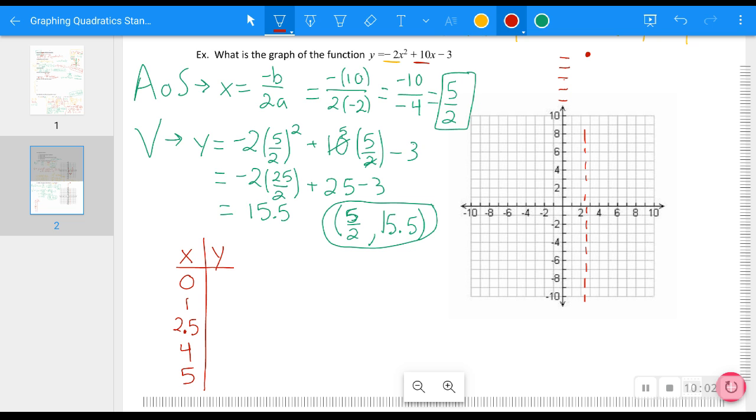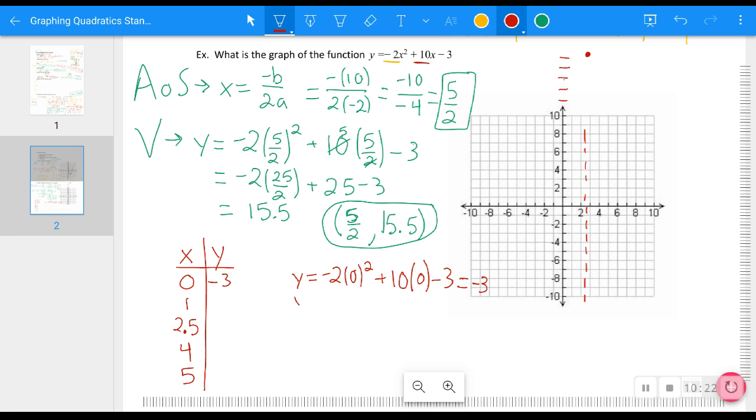So if we plug in 0, we'll have y equals negative 2 times 0 squared plus 10 times 0 minus 3, which will leave us with minus 3.